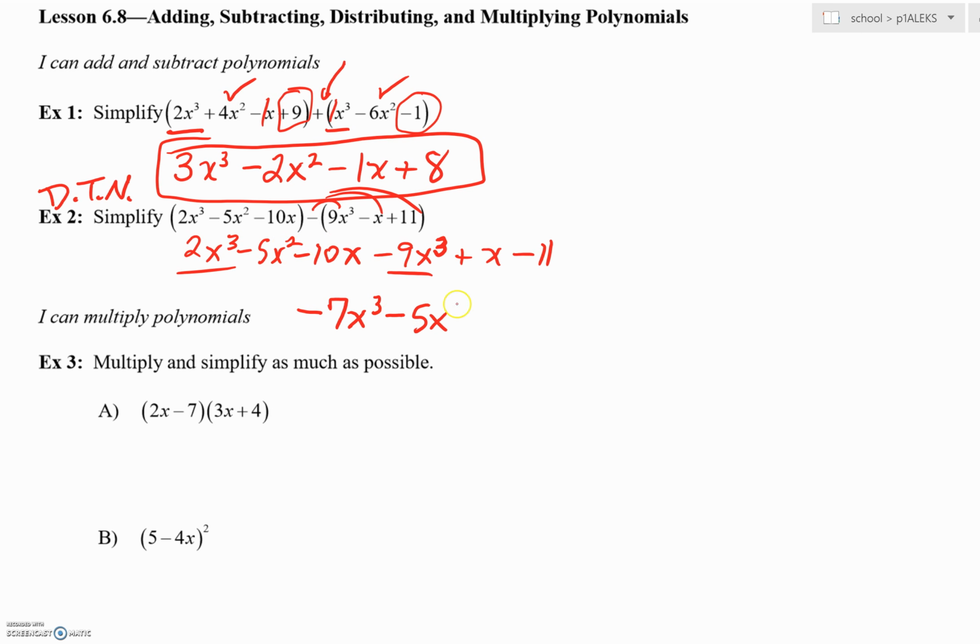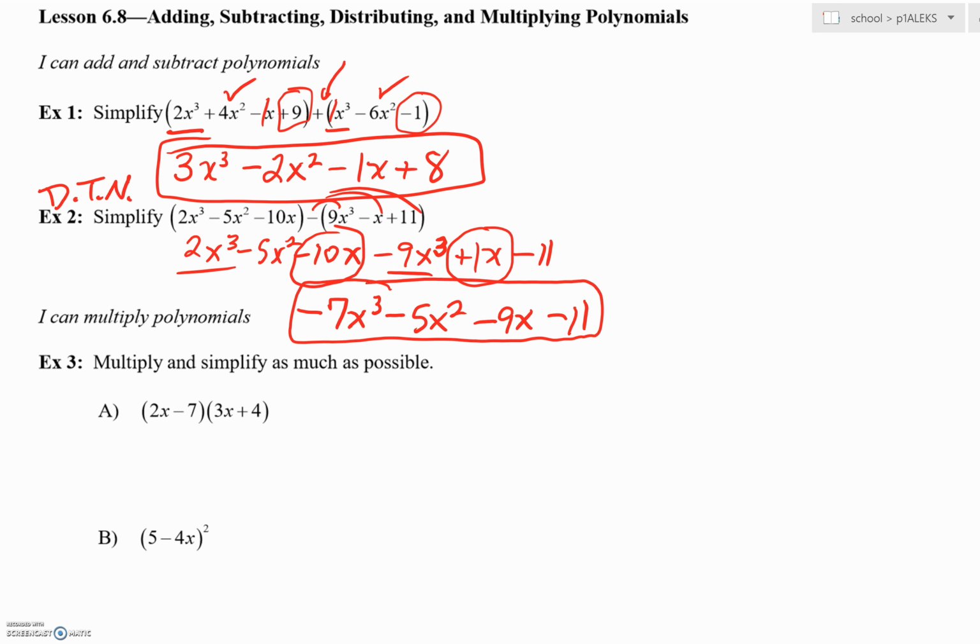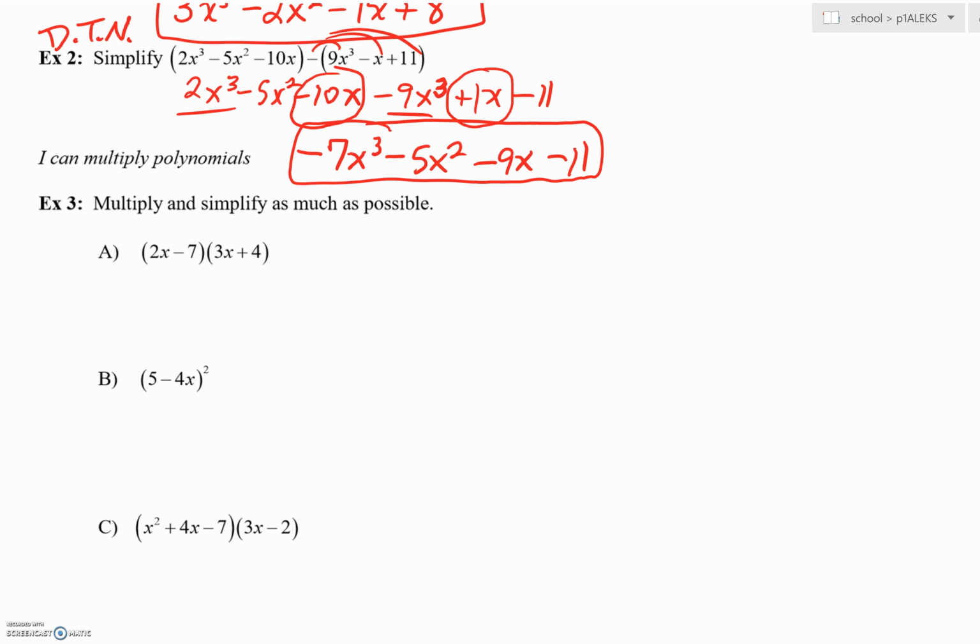We'll just say a minus 5x squared. We've got a minus 10x and a plus 1x. That's going to be a minus 9x. And then we're going to put minus 11. And we're done.